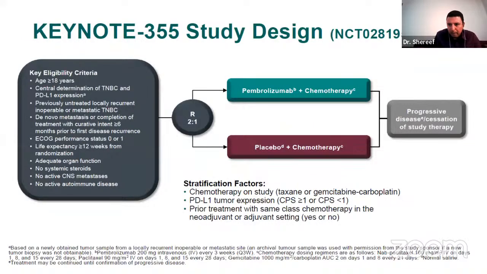So a better way to look at that is to have a design like what was presented in the Keynote 355 study. Again, this is metastatic triple negative breast cancer. Patients were randomized between pembro plus chemotherapy versus chemotherapy.